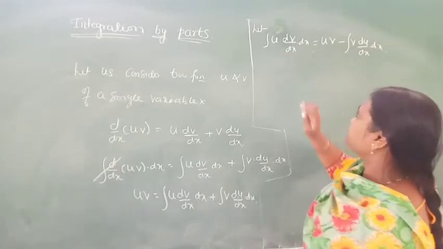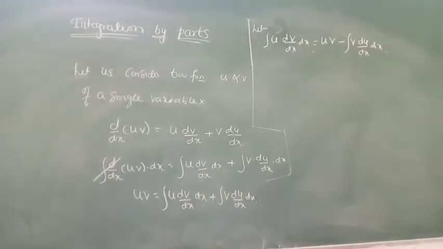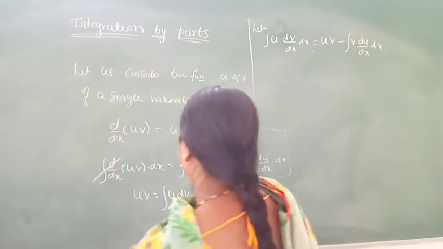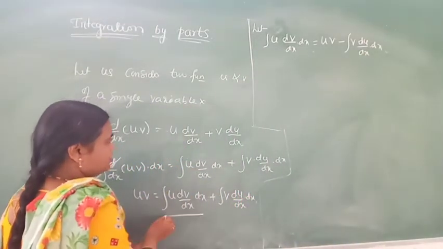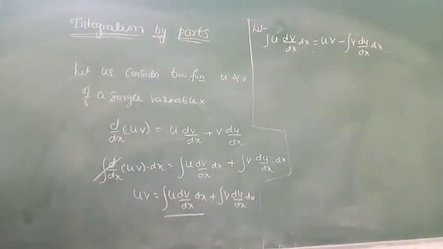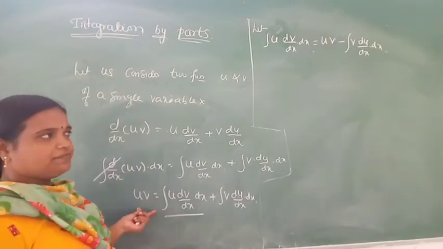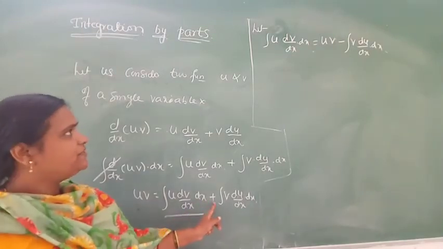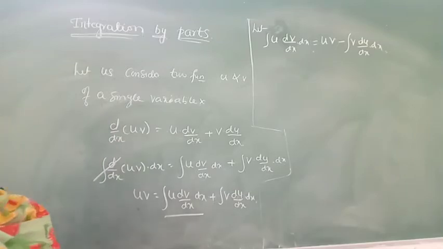This is integration of u into dv by dx. What we have done here: this one we are writing as it is, with no changes, and uv is there as it is. The other term we take to this side, we get minus.